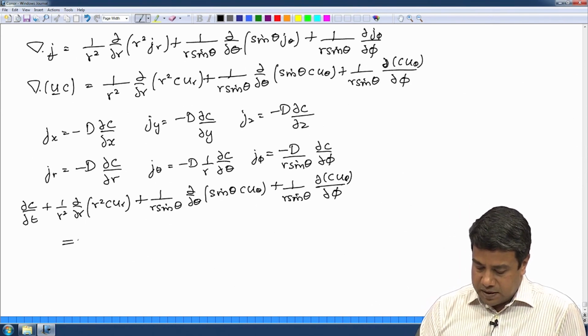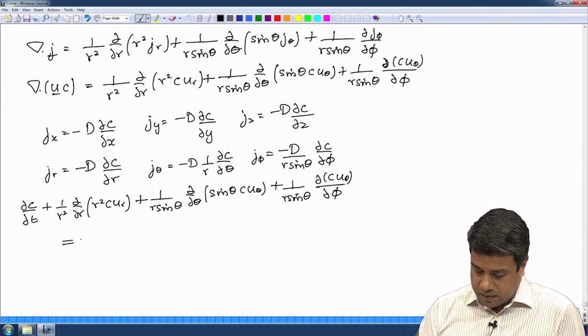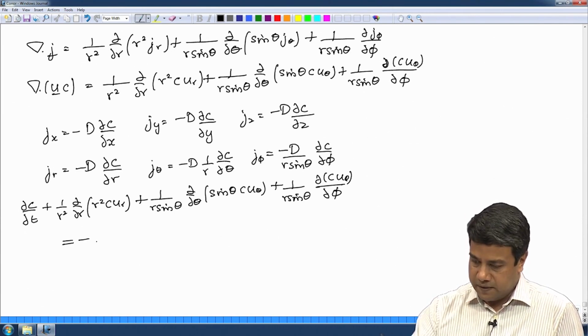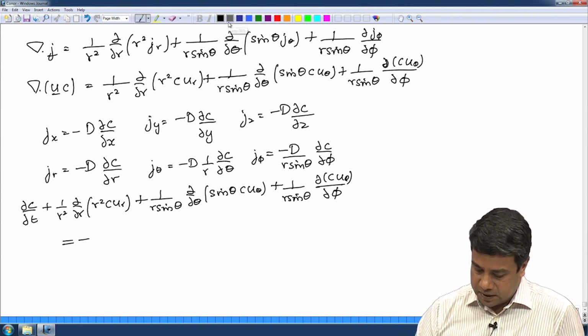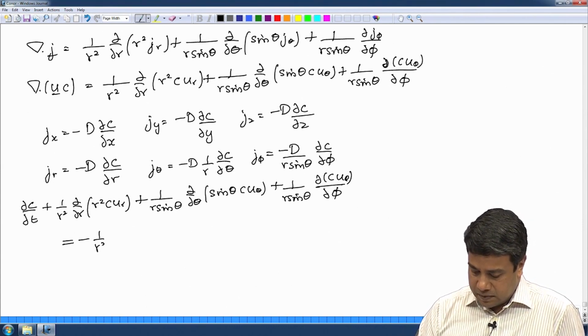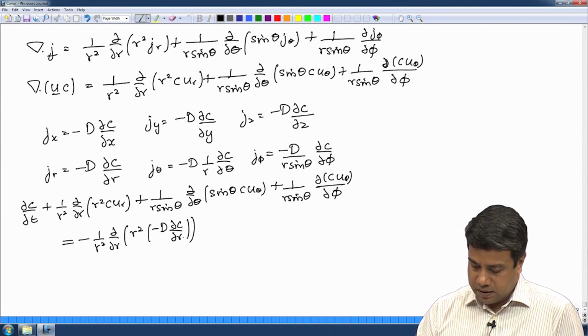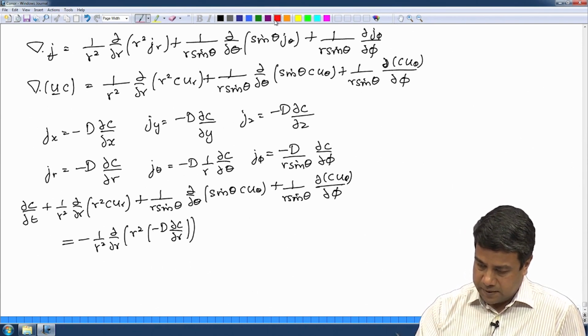On the right side I had minus the divergence of the flux. So, I have minus 1 by r square d by dr of r square into minus d partial c by partial r. That is Jr.